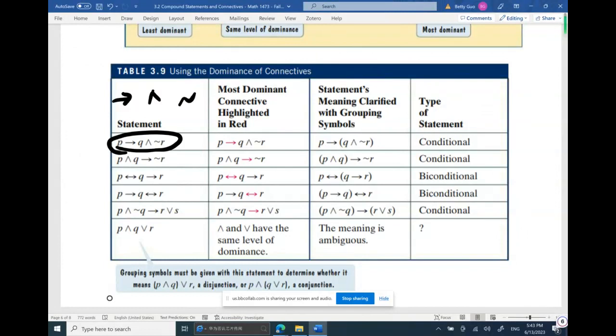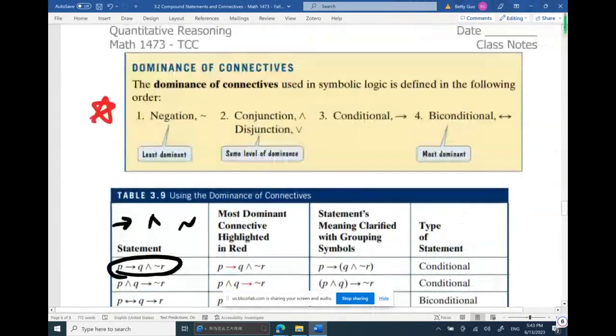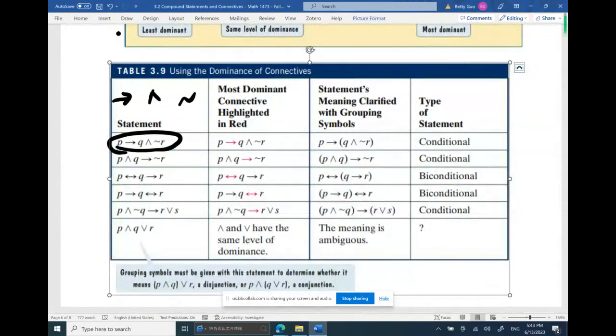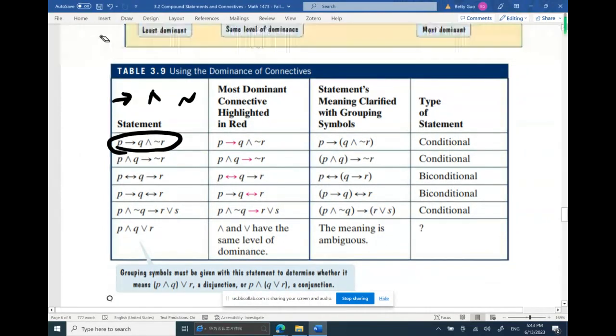Now, how do you understand the structure? We have to understand the structure correctly in order to understand what the statement is stating, right? Based on the dominance of connectives, we know the structure of this compound statement is a conditional, because the conditional has the strongest dominance.